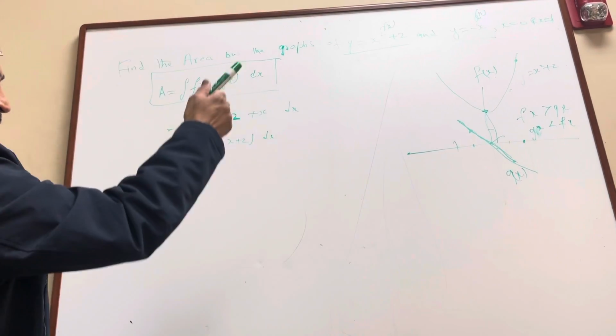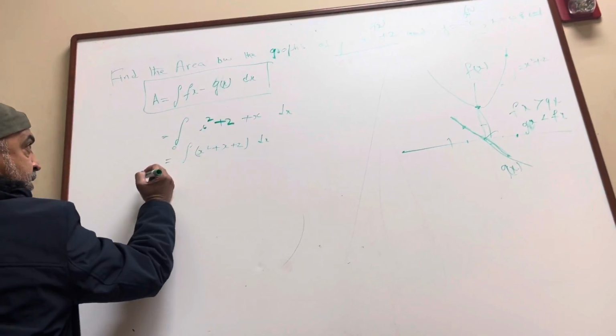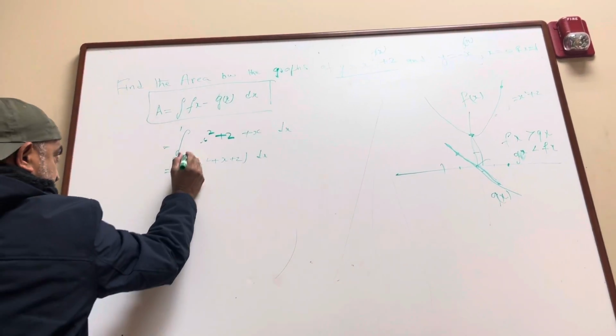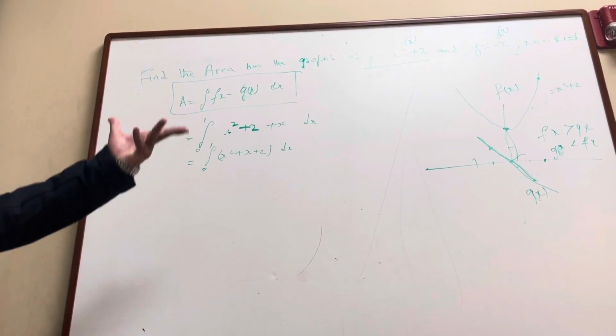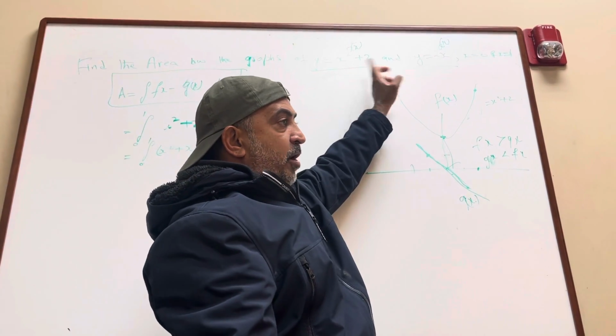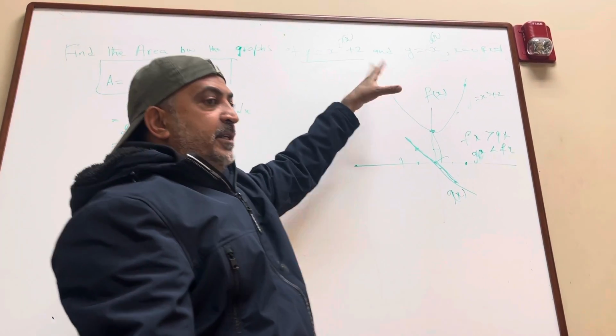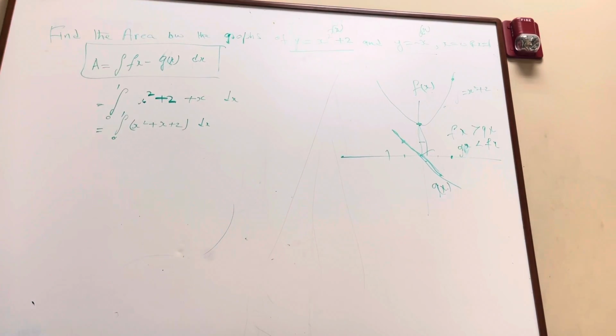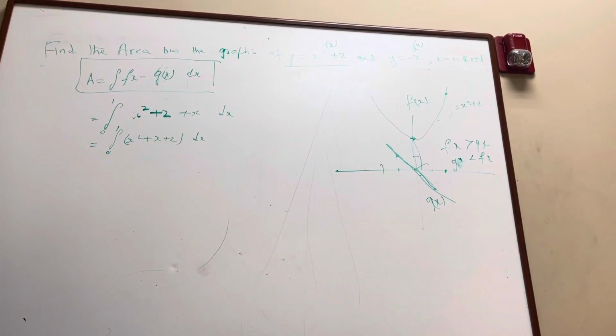The bounds are given as 0 to 1, so the lower bound is 0 and the upper bound is 1. And if the bounds are not given, then you use these two equations and solve simultaneously to get the two values of x, which will be very similar to x equal to 0 and x equal to 1.